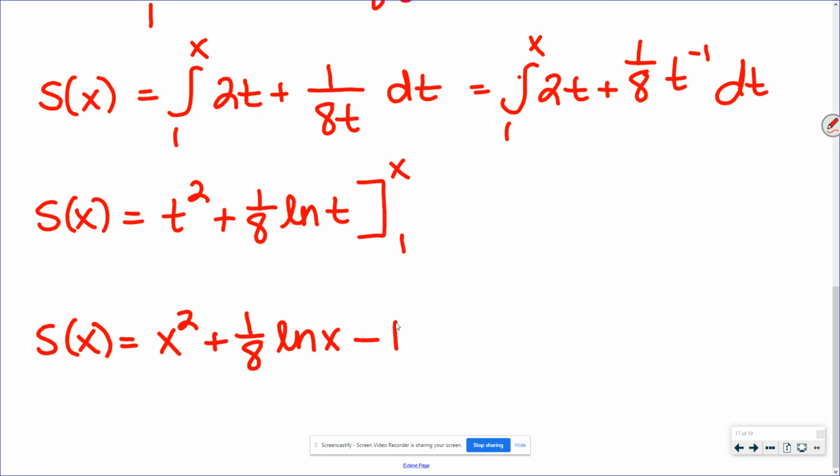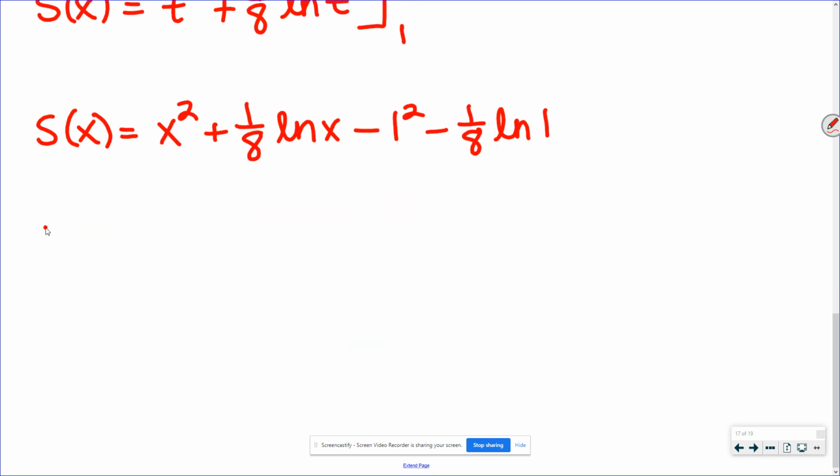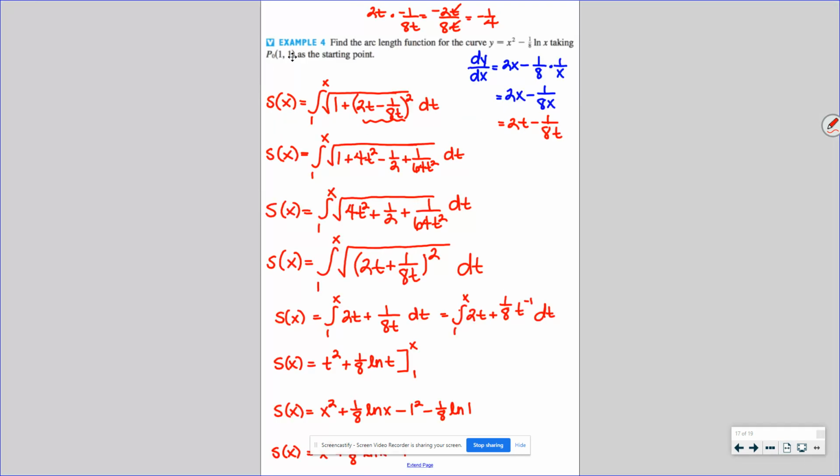And then plug in 1. And simplify. So your function for arc length is going to be x squared plus 1/8 ln x minus 1. So again, this is an equation that will tell you the arc length from the initial point, which was 1, 1, to any point on the curve.